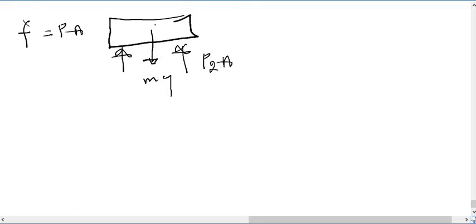And now there will be an atmospheric pressure here times the area, but atmospheric pressure is assumed to be 0 from the condition given. So we don't have the effect of atmospheric pressure. So this is a piston.